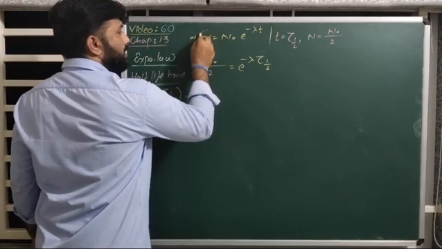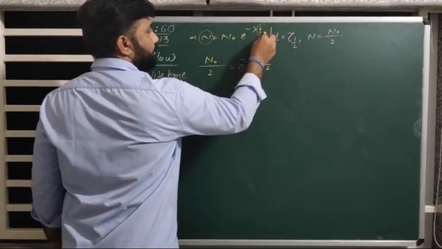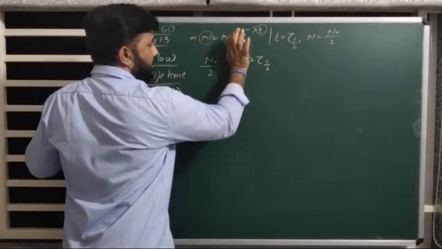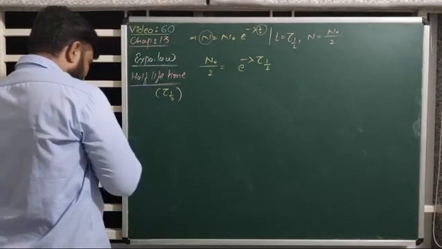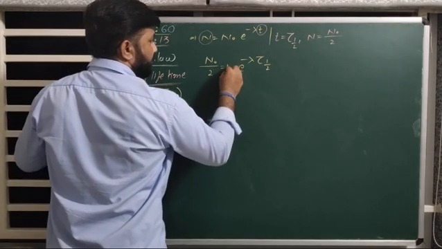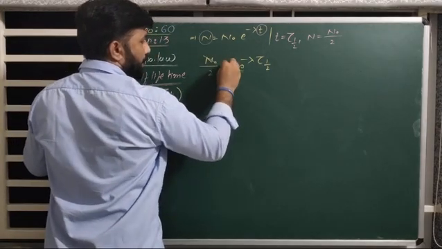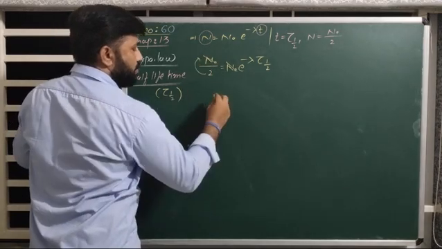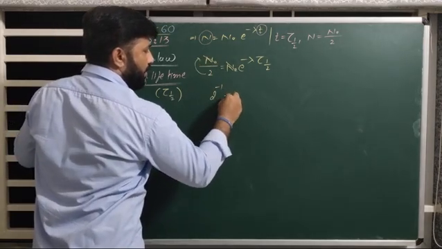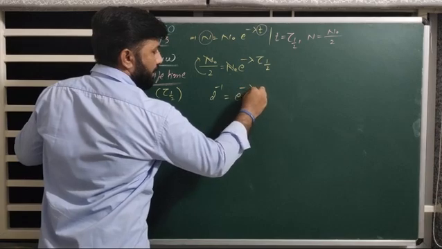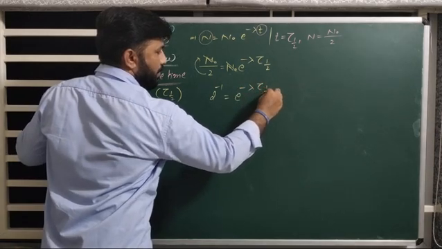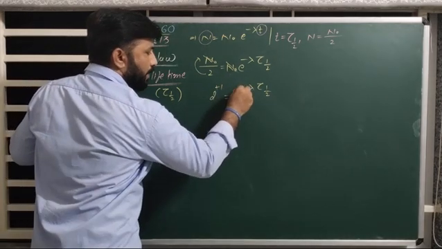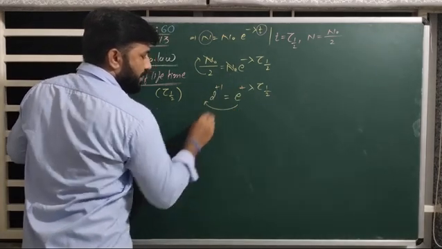So, we have replaced only these two here. N0 remains, so N0 will cancel. Take 2 outside. So, you will get 2 inverse is equal to e raised to minus λ τ half, minus minus plus, again exponential law.